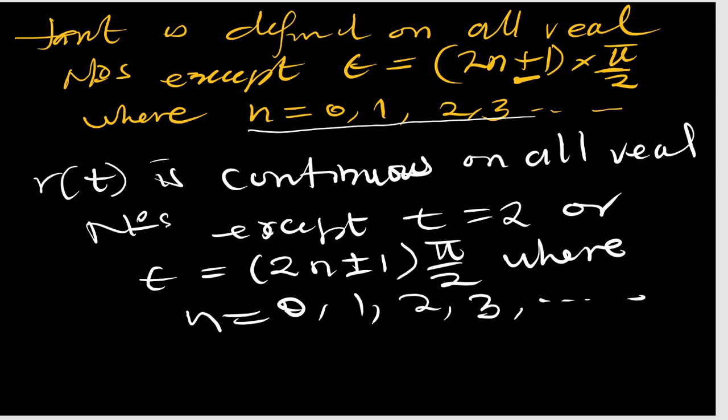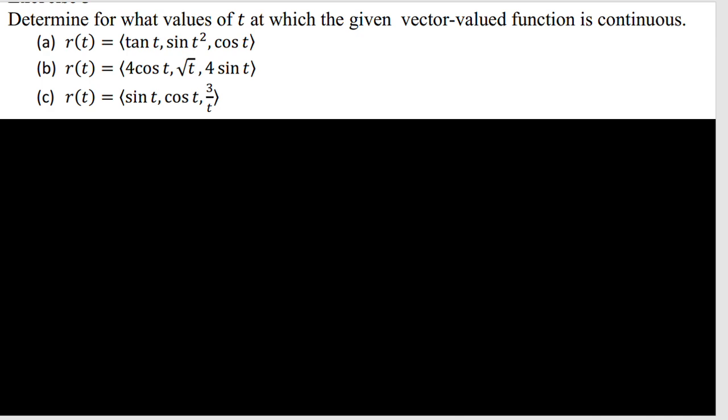So these are a group of exercises we'll do to end the session. I'll do the first two, then you try the last one on your own. Let's look at the first one. Now we have established the range of values for which tan t is continuous. So we'll not waste time, we just write it.